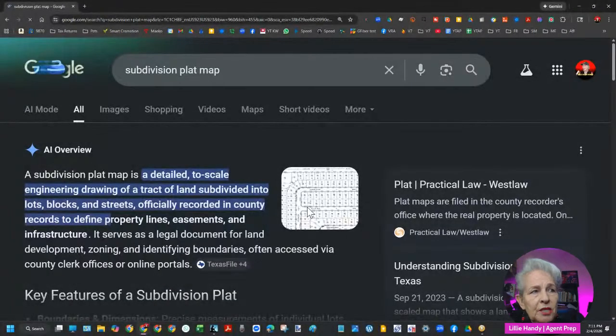So here, this is a subdivision plat map that has to be approved by the city zoning.